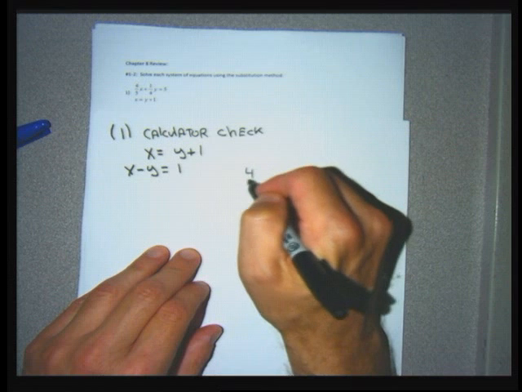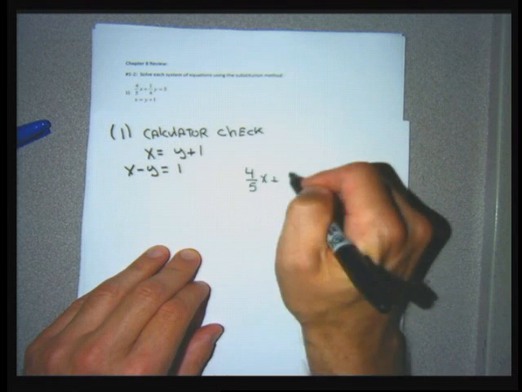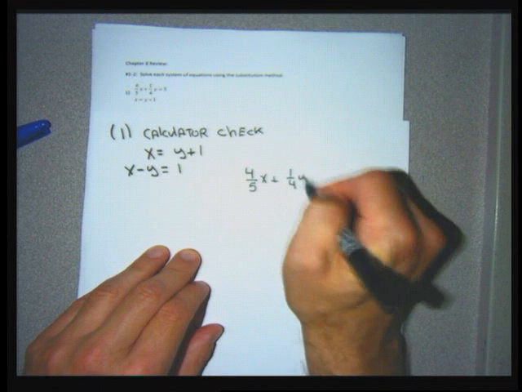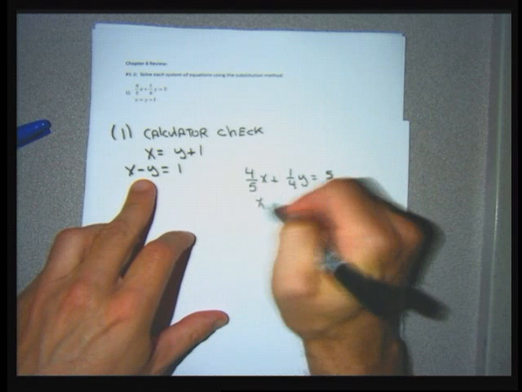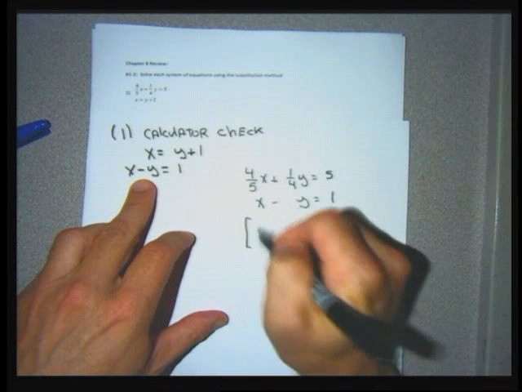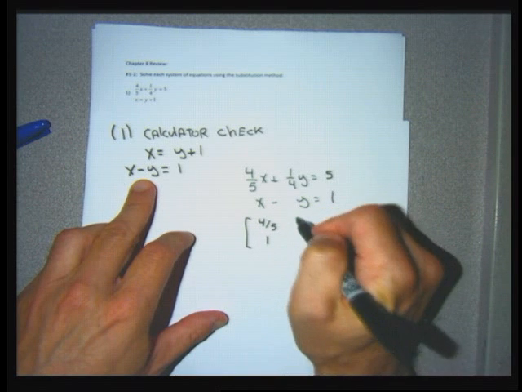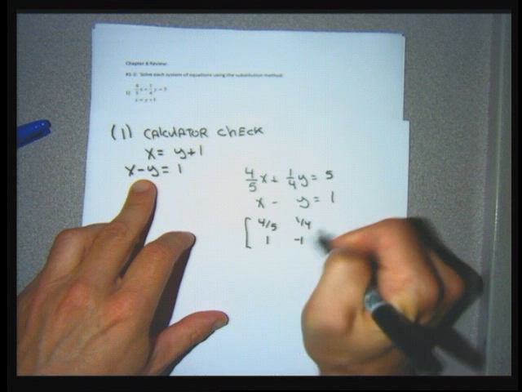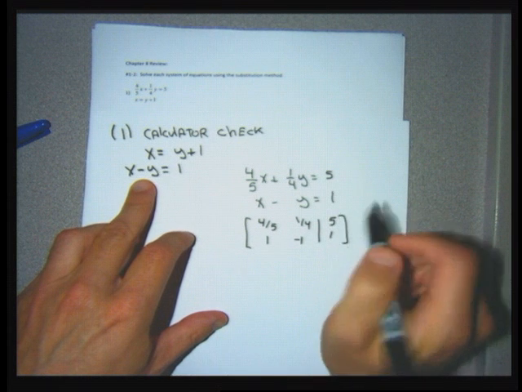So I'm going to live with the original top equation in the unpleasant fraction form and have the rewrite of the bottom equation. And I'm going to enter this matrix on my calculator without that vertical bar, and do RREF.